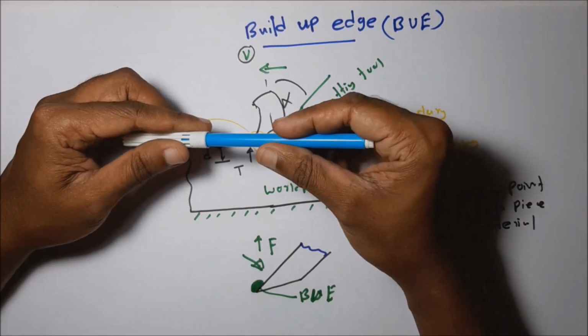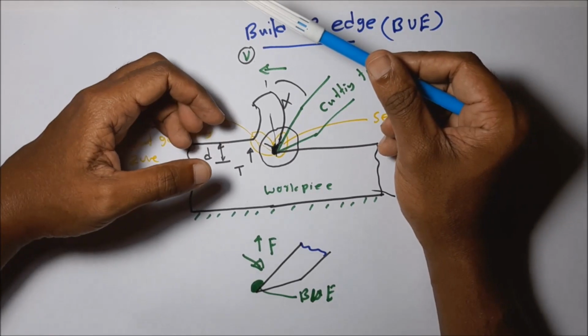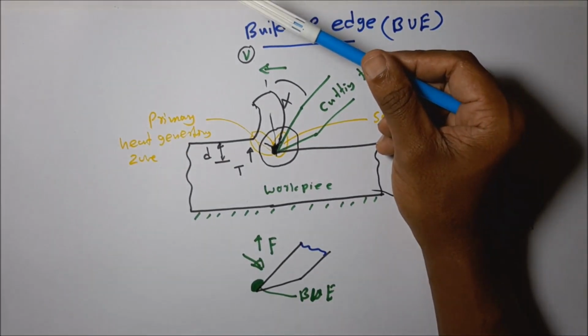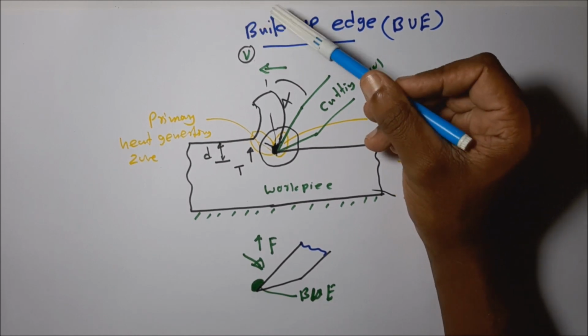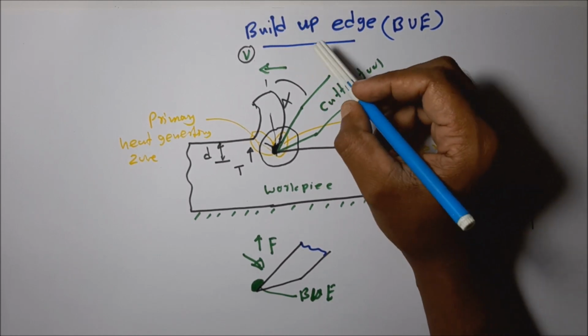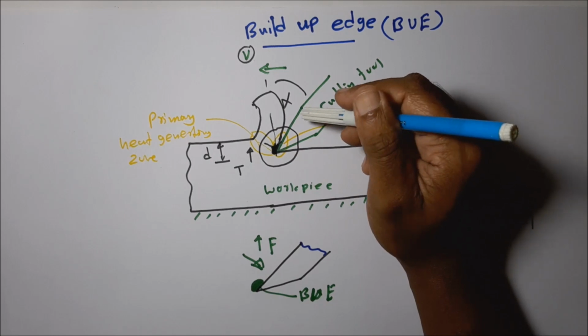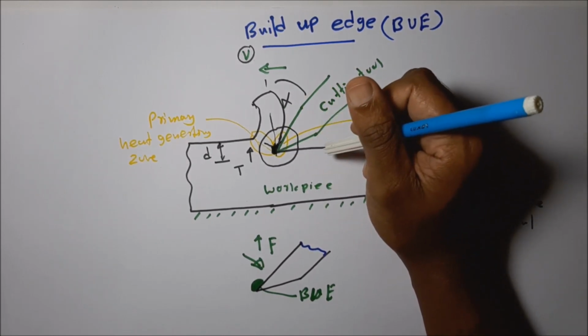In the last lecture we discussed that there are several parameters on which the operation output depends.